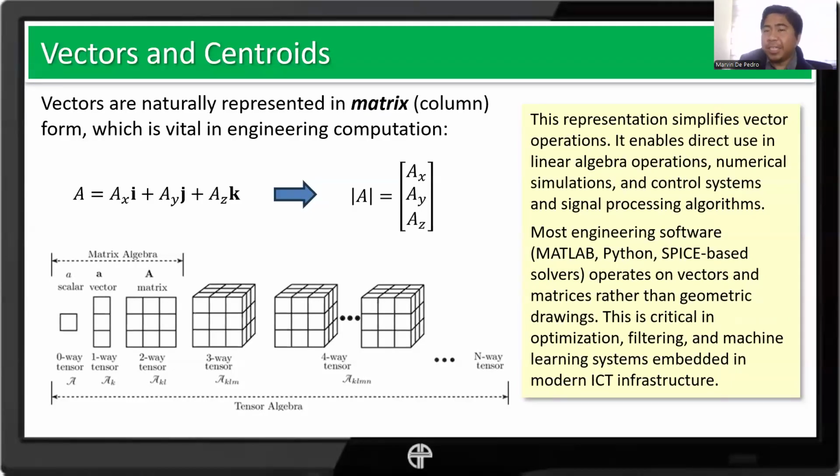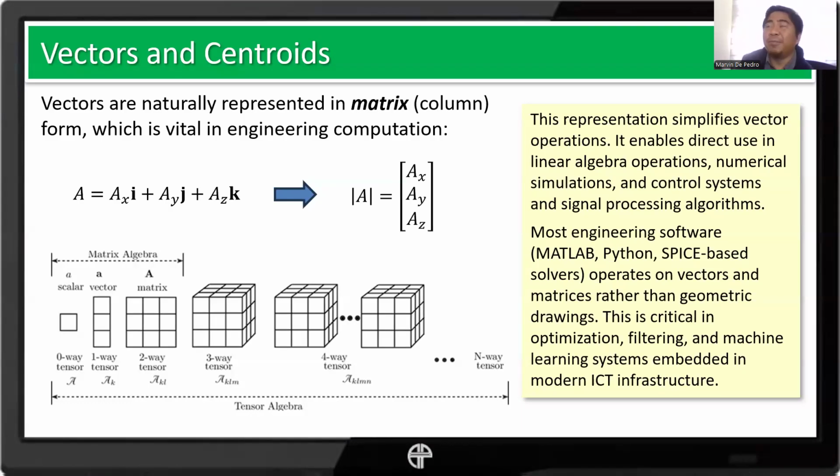Okay, this representation simplifies vector operations, and it enables direct use in linear algebra operations, numerical simulations, and control system and signal processing algorithms, especially in machine learning applications. Most engineering software like MATLAB, Python, and Spice-based solvers operate on vectors and matrices rather than geometric drawings. We cannot input drawings directly.